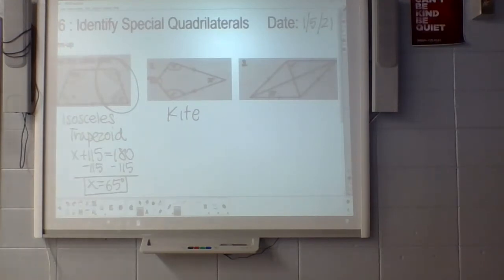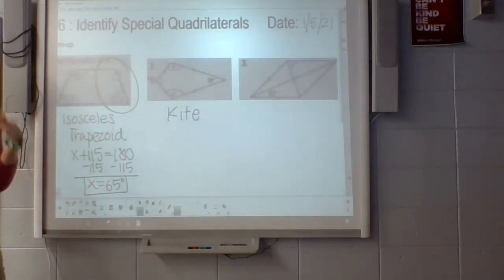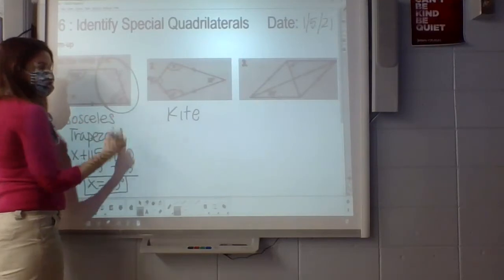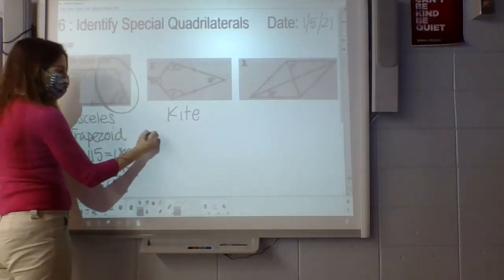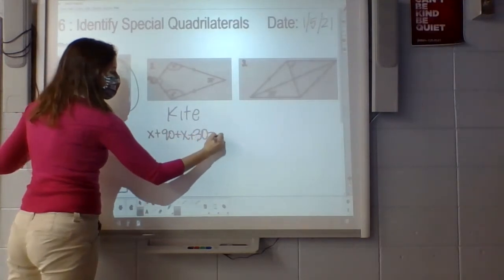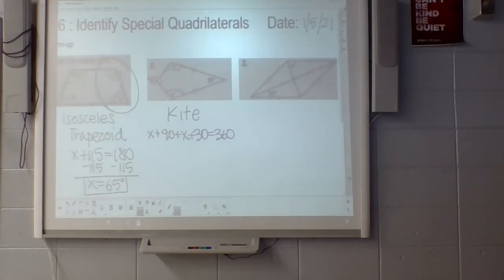I know last time we did this, I think some of you guys were trying to cut the kite in half and do the 180, but I think it's a little bit easier to say that all of these together equal 360. So x plus 90 plus x plus 30 should equal 360. All the angles together add up to 360.